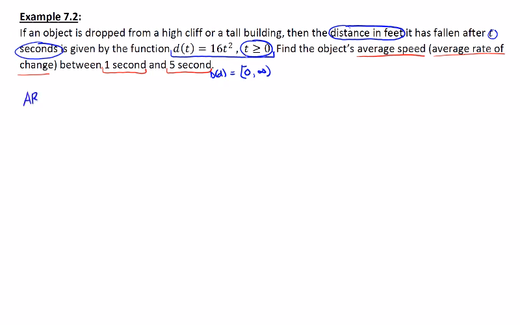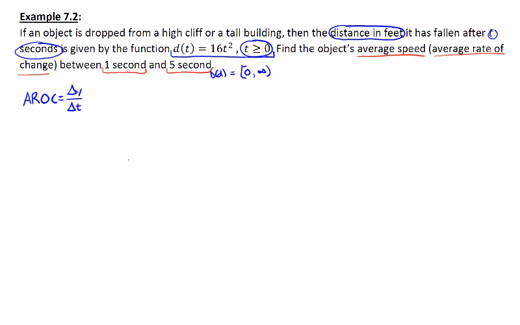That's going to be AROC. So that's the first thing I'm going to write down for this calculation: AROC. And according to our definition, the average rate of change is just a slope calculation. We would normally say delta y over delta x. But since the variable in the equation is t and not x, I'm going to change the denominator to say delta t.